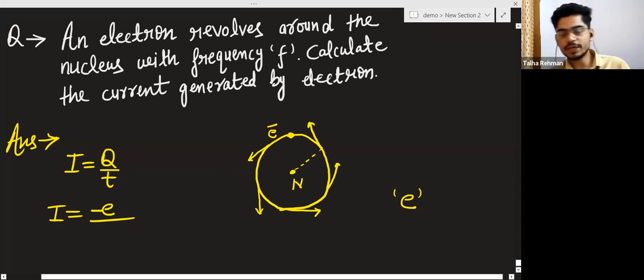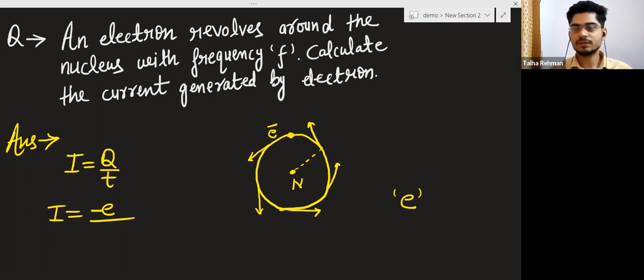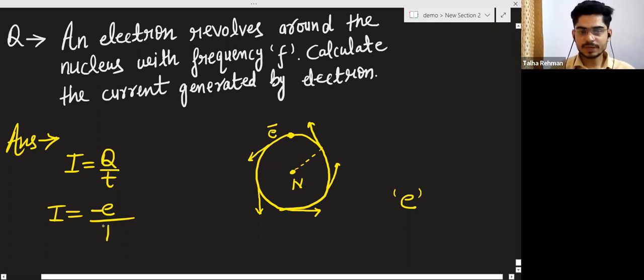We have known here only the time period. So we will put the value of time period now. Time period means from here the electron will revolve like this, like this, and complete one revolution. Then it will take a time T. T is the time period.